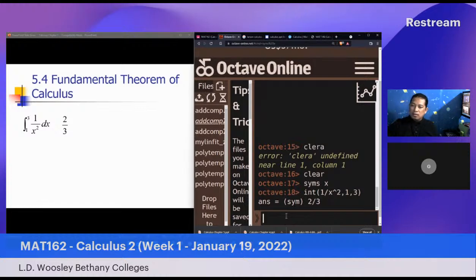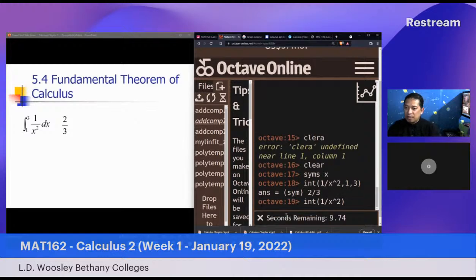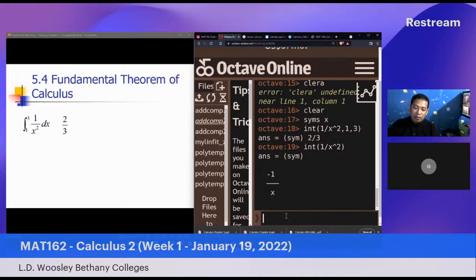Two-thirds. There. Correct, 2/3. Because the f of b, that is, if I remove this, it's a definite integral. Indefinite integral. So negative 1 over x.